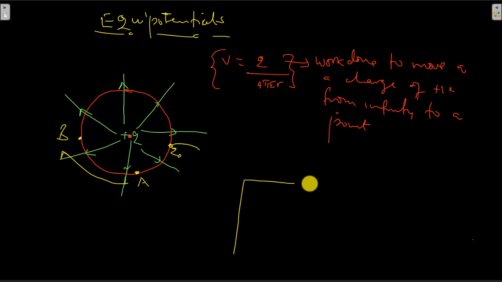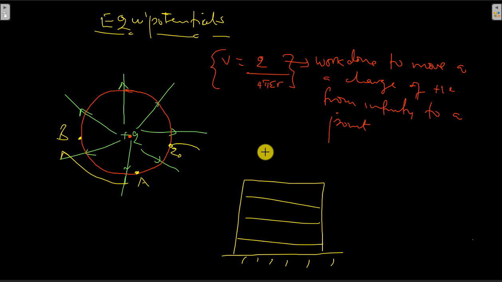Let me show you another good illustration of this. Suppose this is a building. This is the ground level, and this is the building. Suppose I move a big mass and place it at this point.